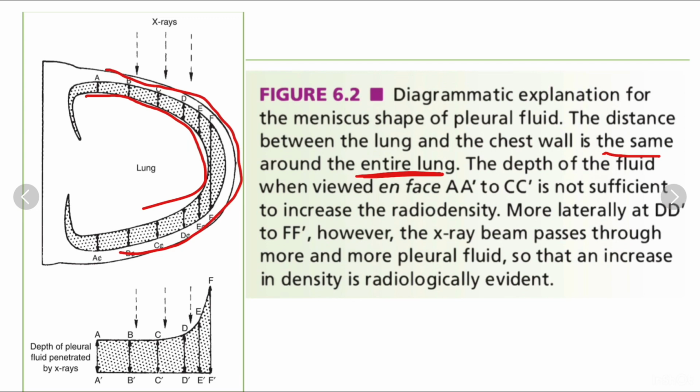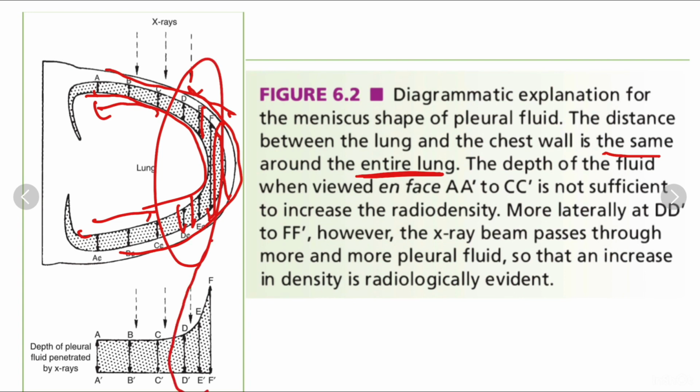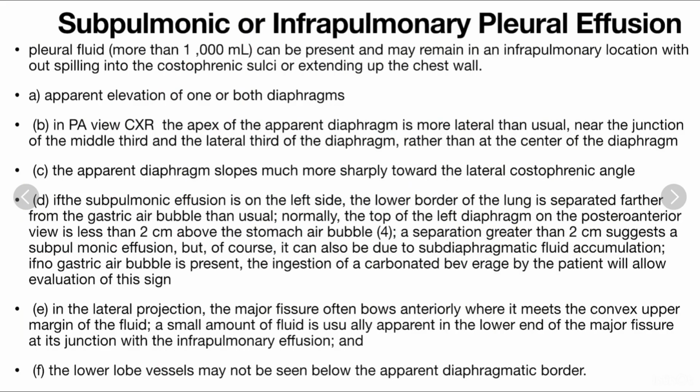The depth of the fluid when viewed on PA view, from A to C, is not sufficient to increase the radio density. But from D to F, the X-ray beam has to pass through more fluid continuously, so this area is more dense. That's why this is visible in the chest X-ray.